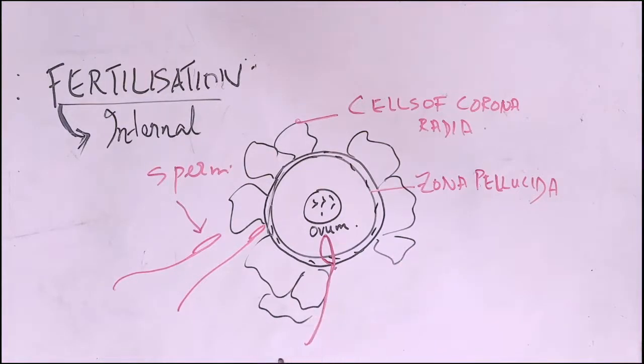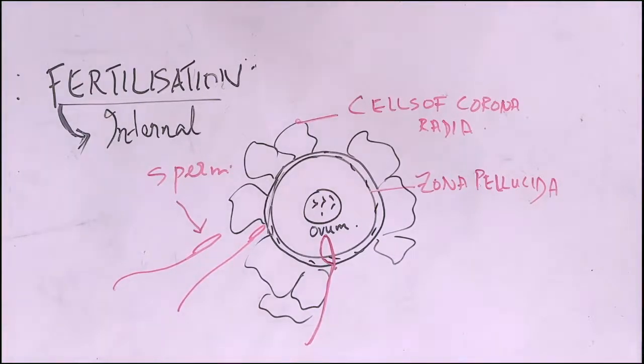Around 200 to 300 million sperms, but only one sperm enters, which is monospermy. Polyspermy has to be prevented. So how did the sperm enter?